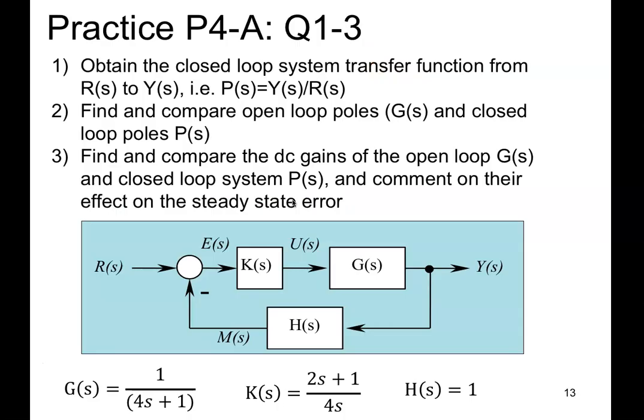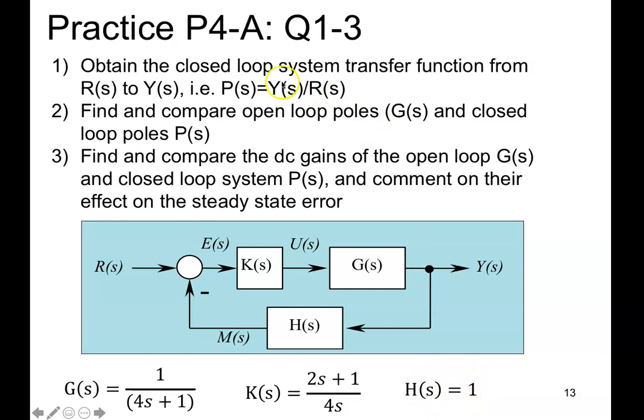Okay, I've got a few questions for you to practice. So the first part of that practice is I have a closed loop system here. G(s) equals this, K(s) equals that, and H(s) equals 1.